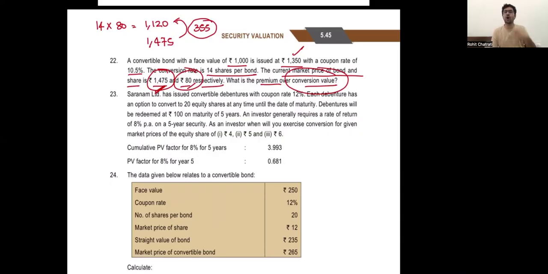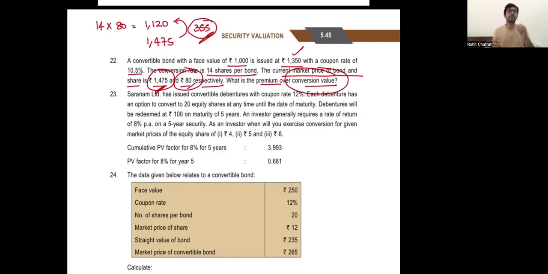And let us say if you opt for conversion, you receive 14 equity shares under this option also. But these 14 equity shares, you got at a cost of 1475. Option 1, you had 14 equity shares at 1120. Option 2, you have 14 equity shares at 1475. Therefore, you paid a higher price under option 2.